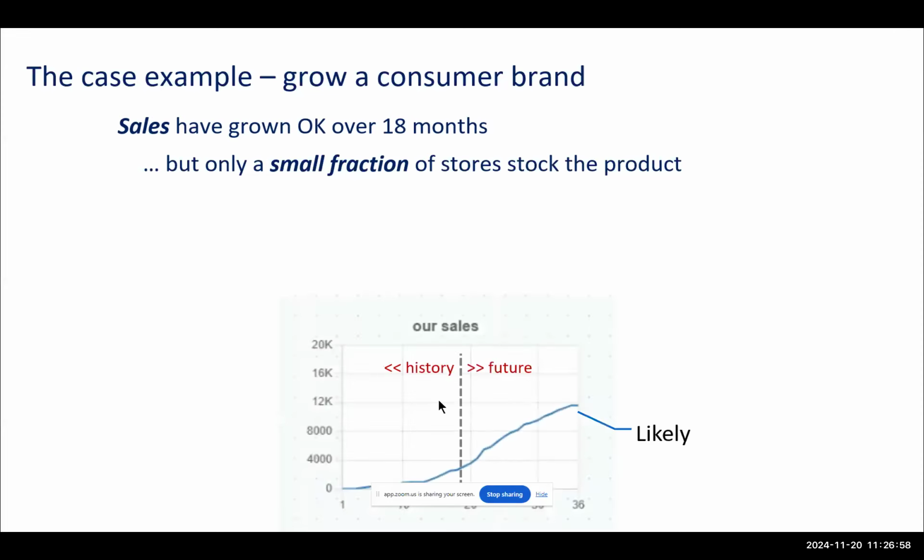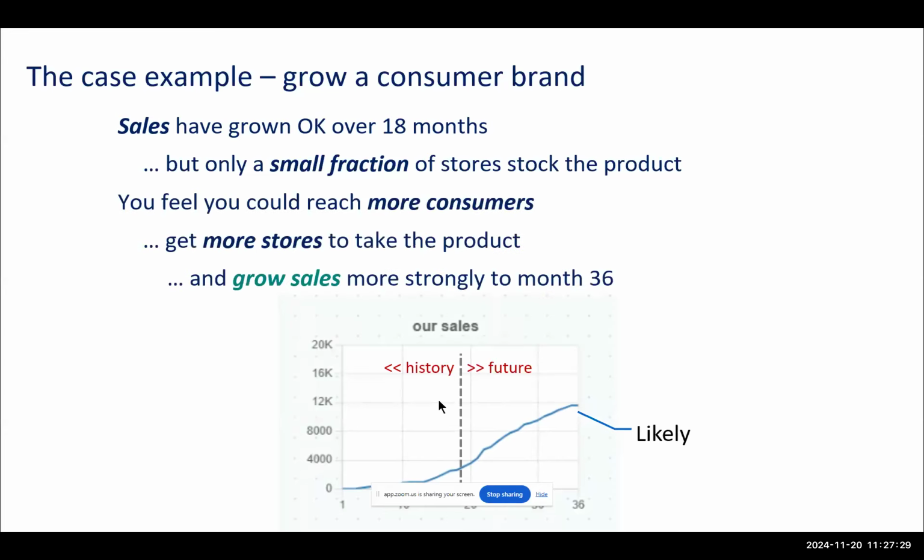And if we chart out what's happened to your sales, this chart shows the history of the first 18 months, where sales have grown to, what's that, something less than kind of 4,000 units a month. And your best estimate, given the limitations you feel you're up against, is that you, with a bit of luck, you might get to 10 or 12,000 units a month being sold by the end of year 3. So that's month 36.